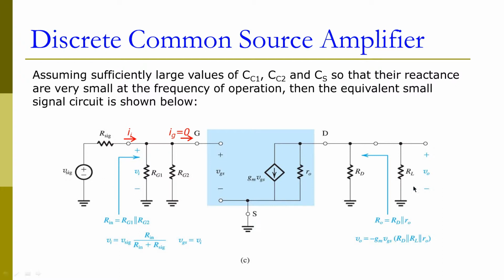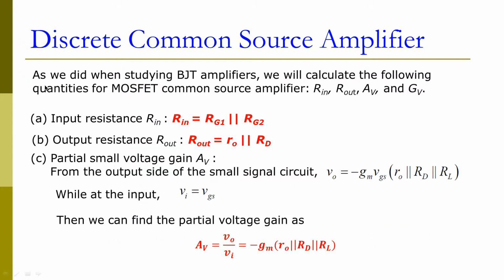From this small signal model, we can do a couple of analyses. First, calculate the input resistance and the output resistance, and we can also calculate our gain, as we did when studying the BJT amplifier.